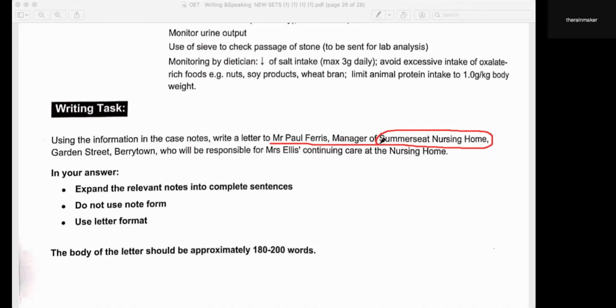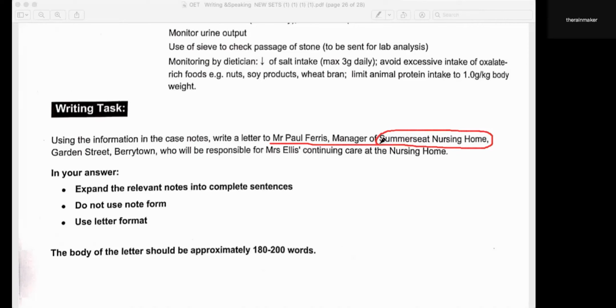So note it down, girls. Whenever you see aged care homes, whenever you see nursing home in the social history of the patient, the place where the patient resides is similar to the one who is going to read the letter, then you should come to the conclusion that it is a discharge letter.